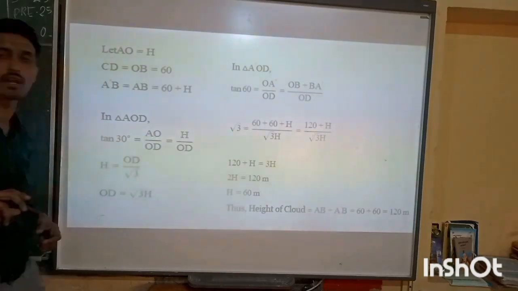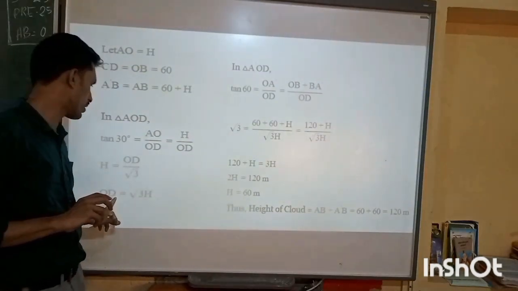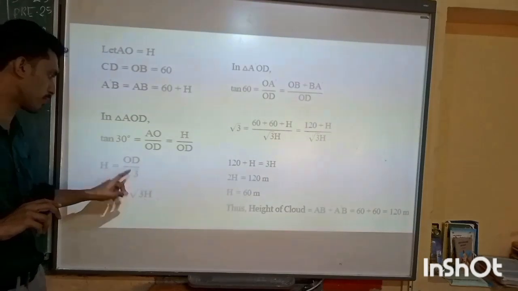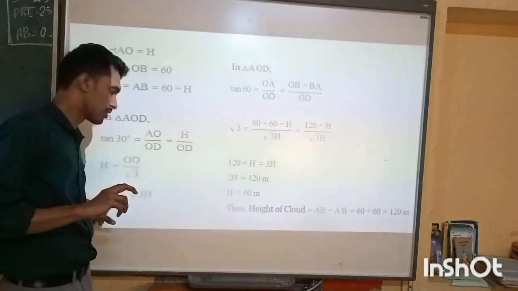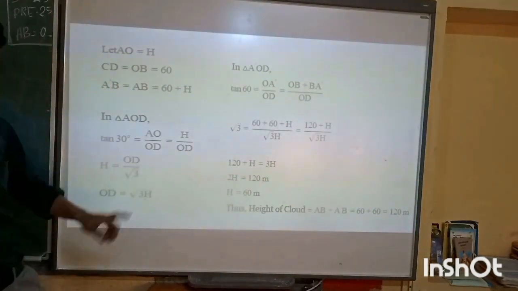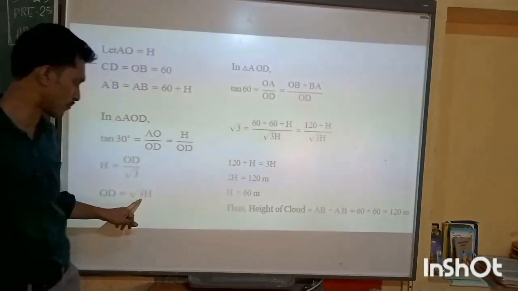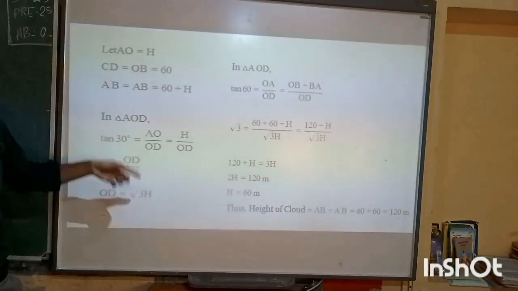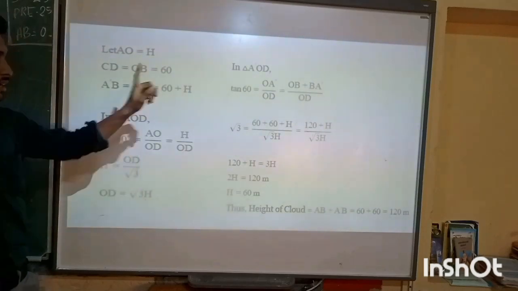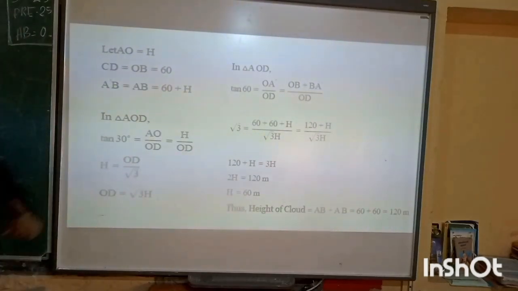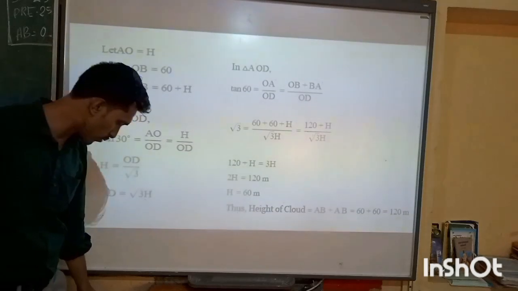From that we can separate h as OD by root 3, and again we can find the value of OD as root 3 h. This is the first thing that we are finding, and we will be using it in the next step. So OD equals root 3 h. I hope it is clear now, right?